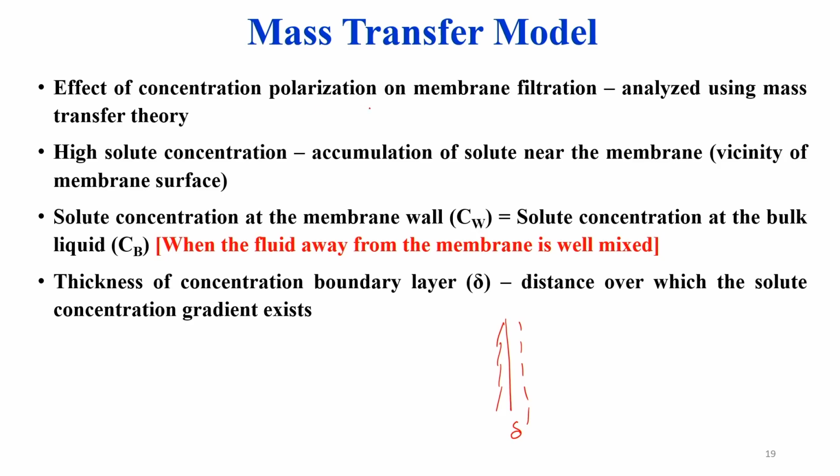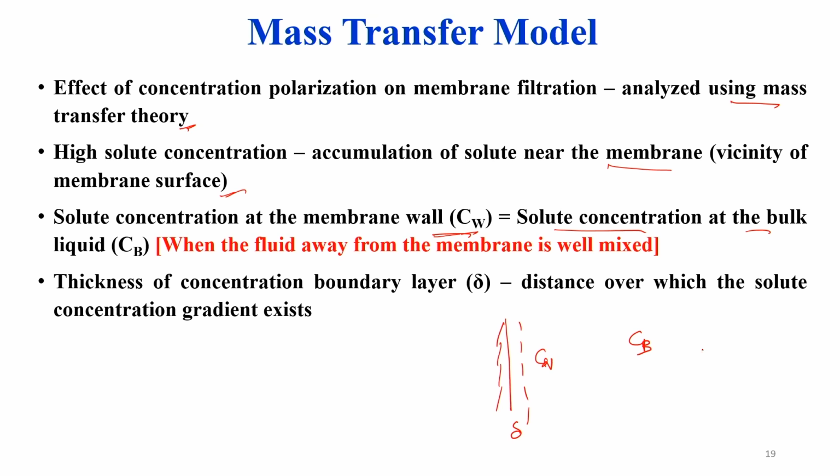So, the effect of concentration polarization on membrane filtration is analyzed using mass transfer theory. In the case of high solute concentration, it accumulates near the membrane, or the vicinity of membrane separation. So, you can consider there is a Cw concentration at the wall and solute concentration in the bulk Cb.